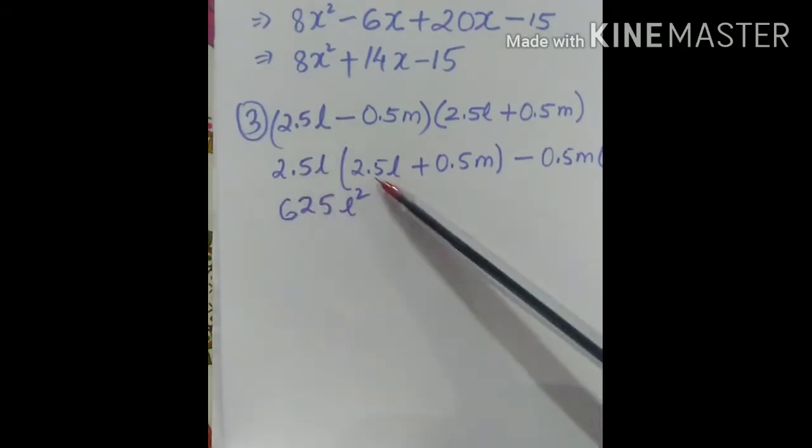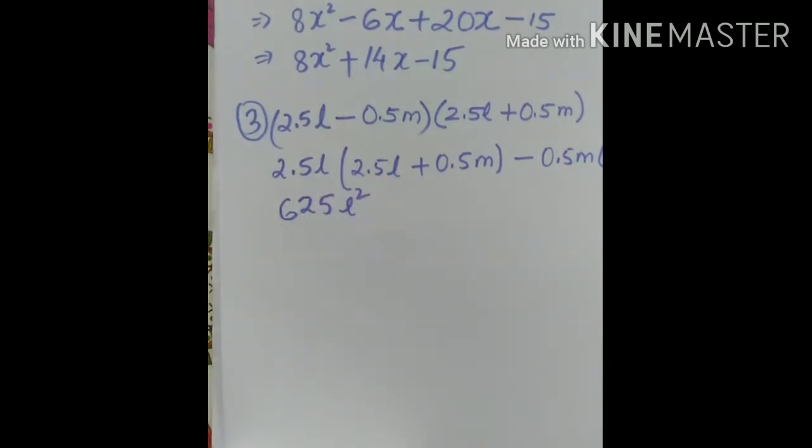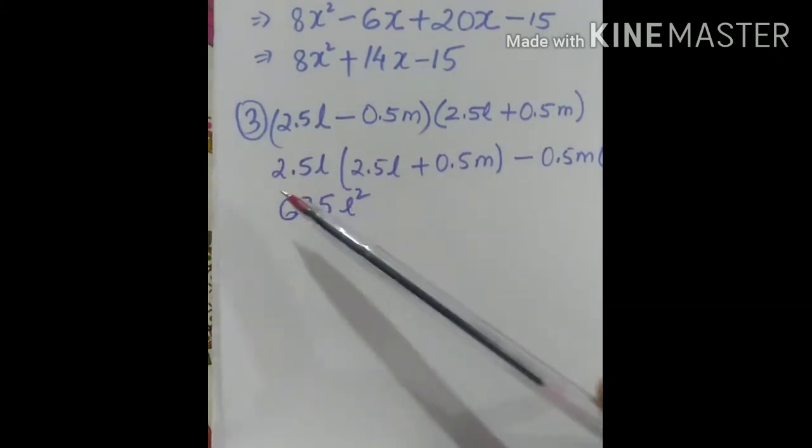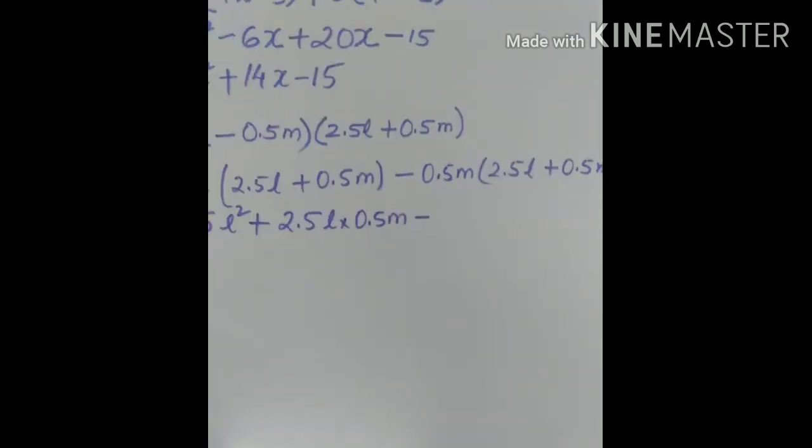Now for 2.5 times 2.5, there are two places of decimal, so this will be 6.25L square. Now 2.5 into 0.5LM. I have not multiplied it, but written it in the multiplication form only.